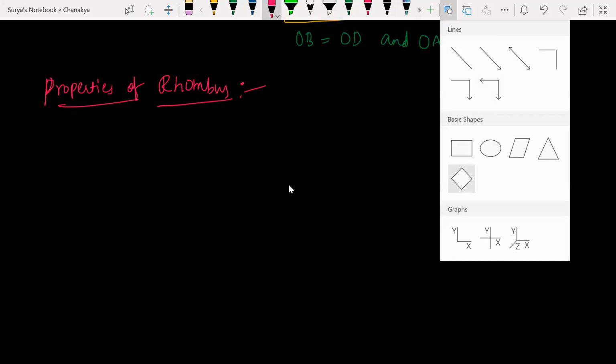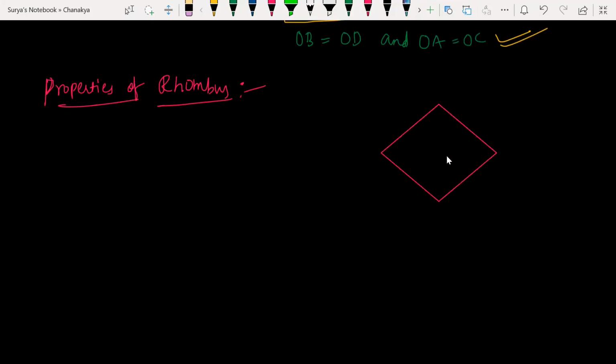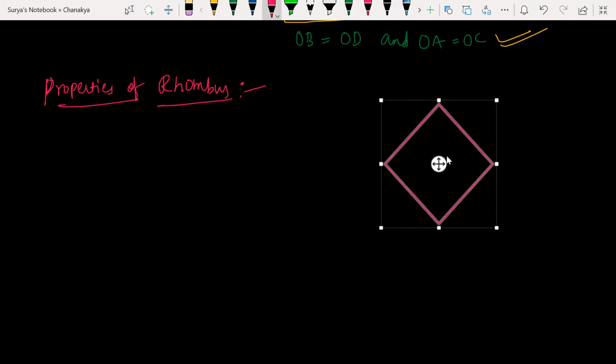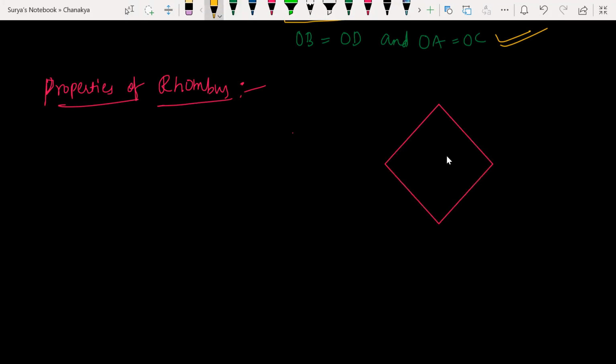What are the properties of rhombus? Here A, B, C, and D. Now look at this, this will be perpendicular. This is always perpendicular. Now look at this, this will be equal to this. All sides will be equal.